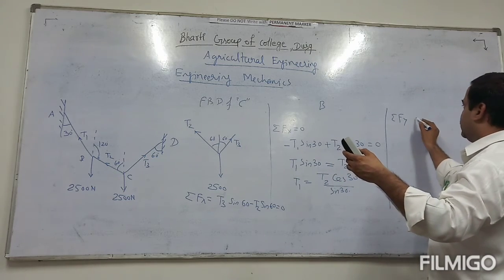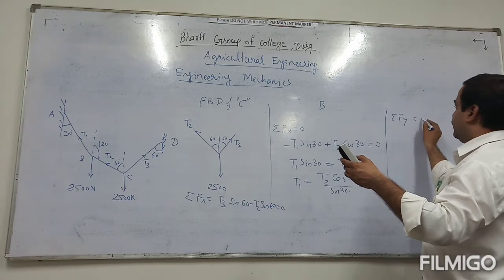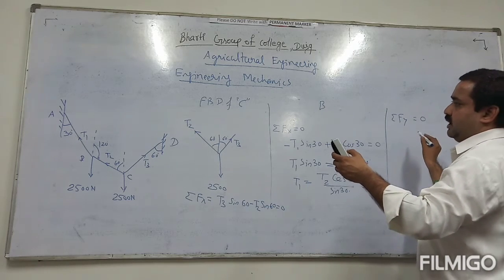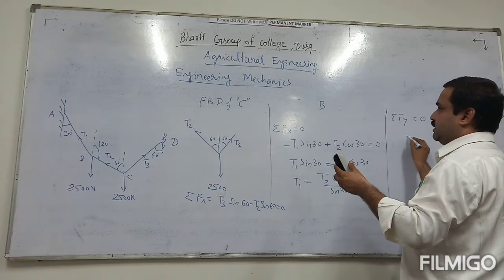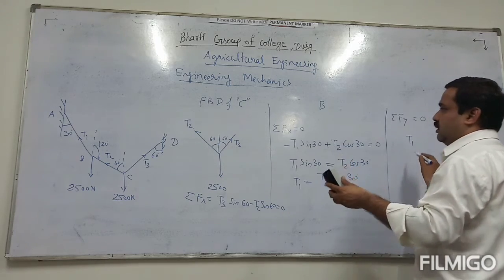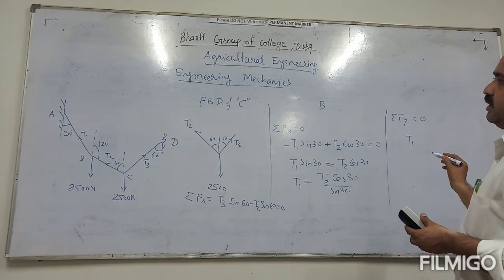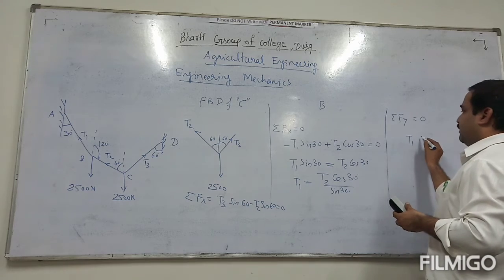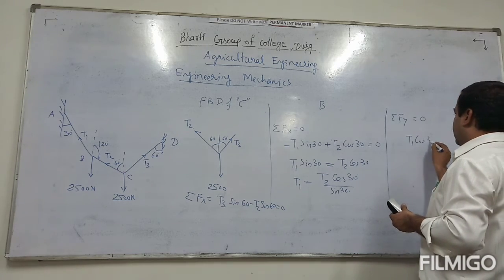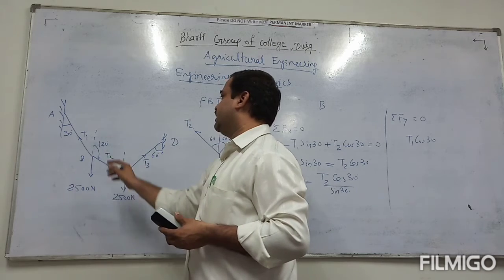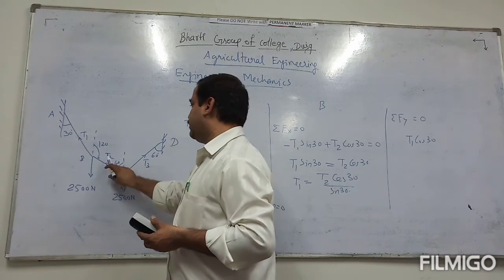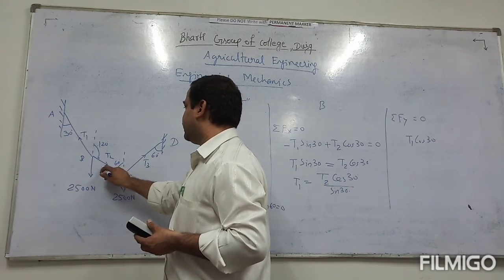Fy equal to 0, so for finding out the Fy, that is T1 cos 30 in this direction, and T2 we have changed the direction.